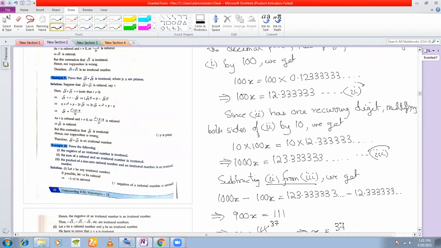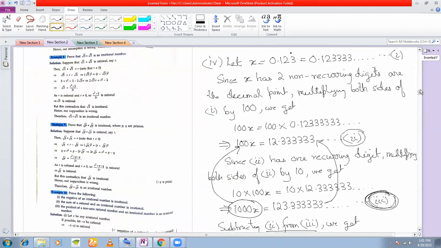That is, you are subtracting this from this. Right. So when do we write from? From whatever we subtract, we write it first, right? So that is why I've written 1000x first, because we are subtracting from 3. 3 has 1000x here. And then this is 1000x minus 100x. Now is it clear? On the right hand side, you have this minus this. Clear? Yes, sir. Fine.